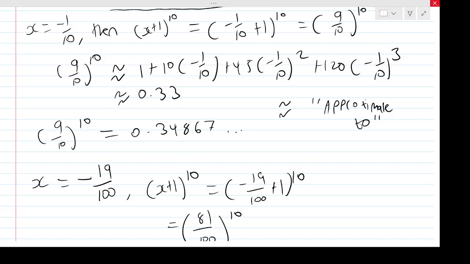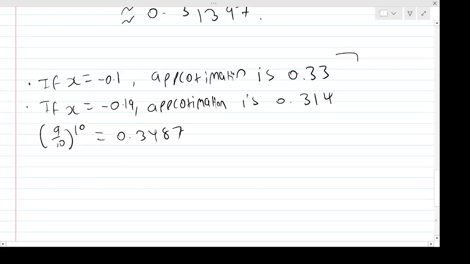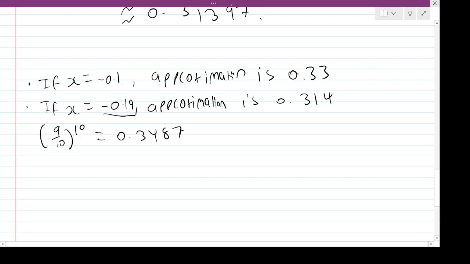Let's investigate that. If I recall the approximations, when x was minus 0.1, which is minus a tenth, the first one we looked at, the approximation was 0.33. Then the approximation we just saw, when it was minus 19 over 100, which is minus 0.19, we got 0.314.